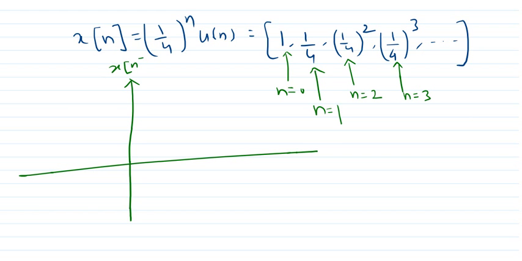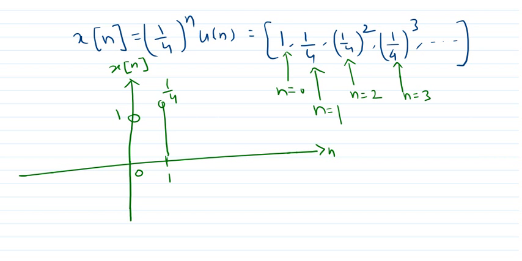So we have x[n], with the discrete time variable n on the x-axis. For n equals 0, what is the value? 1. For n equals 1, what is the value? 1 by 4.